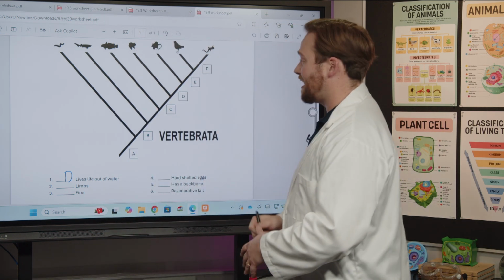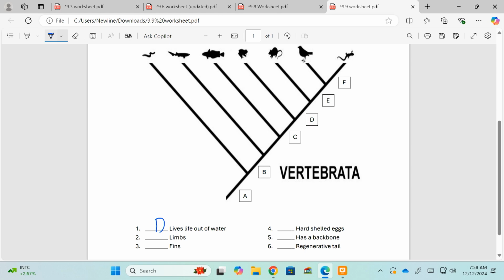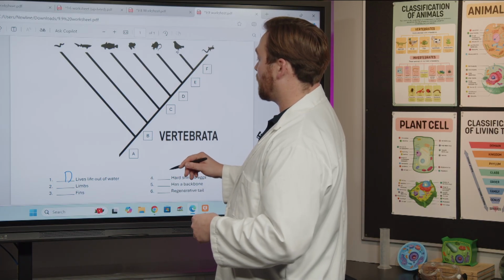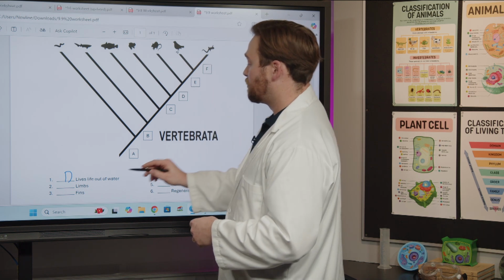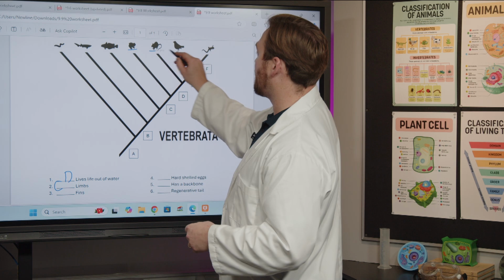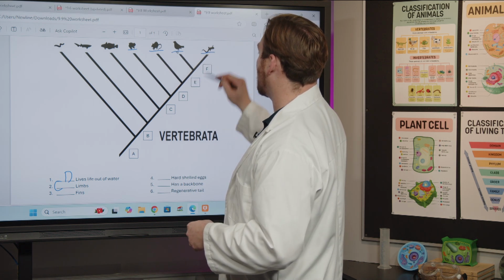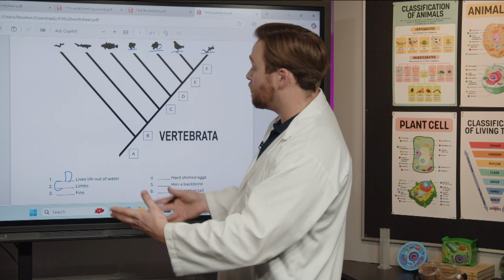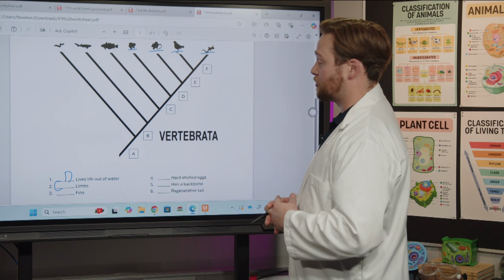All right, the next one says limbs. So where should we put limbs here? Well, A is not going to work, B is not going to work, C does work. So we're going to put C for limbs because the frog, the mouse, the pigeon, and the lizard all have limbs, but the ones to the left of C do not. So that's going to be a great answer choice for this one.